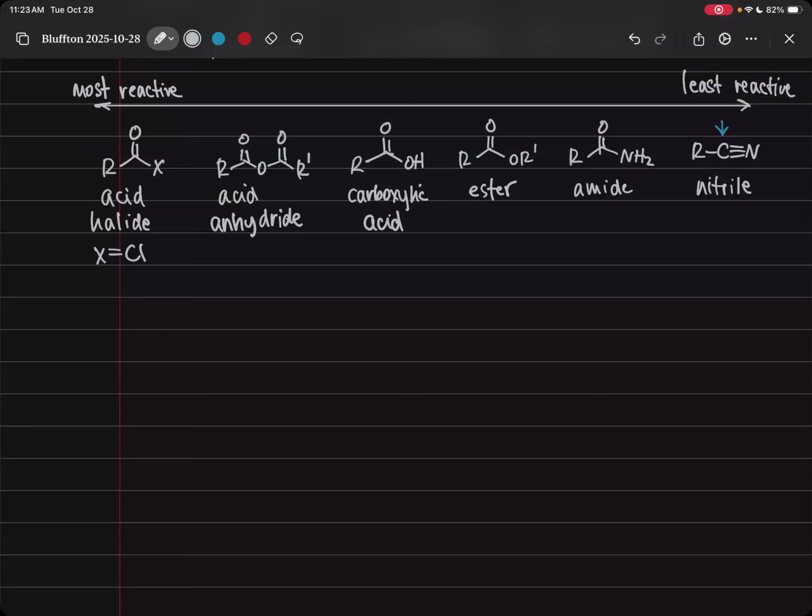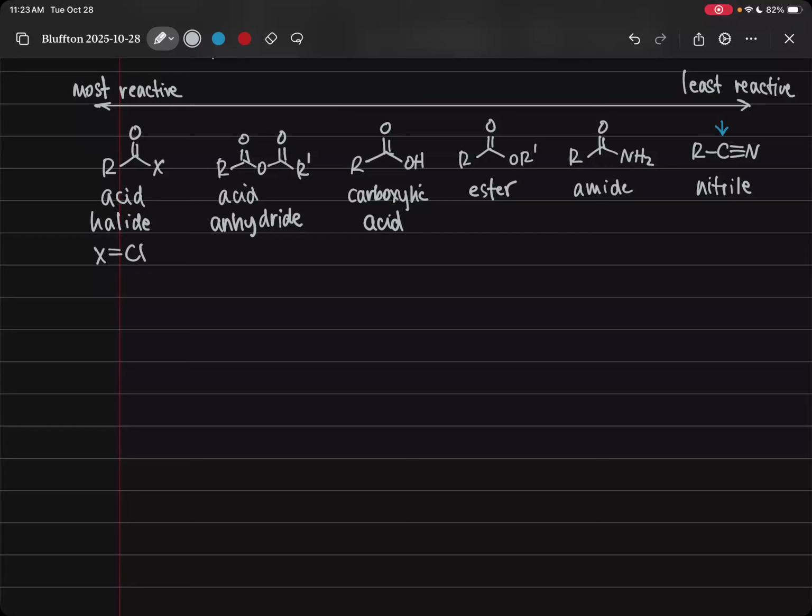Instead of starting with the parent with carboxylic acids, which would seem logical and is logical, we're going to go from most reactive to least reactive. So we're going to start talking about the really reactive compounds. And the reason for that is it's easiest to make a less reactive compound from a more reactive compound.